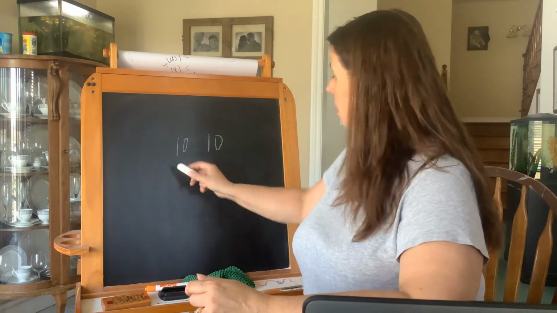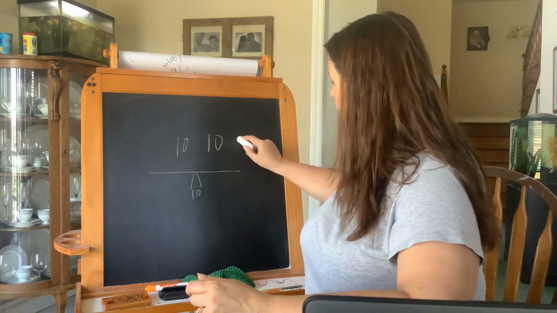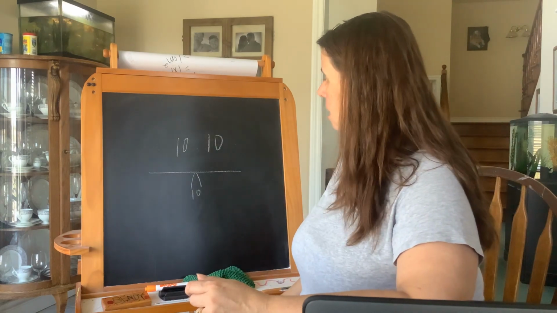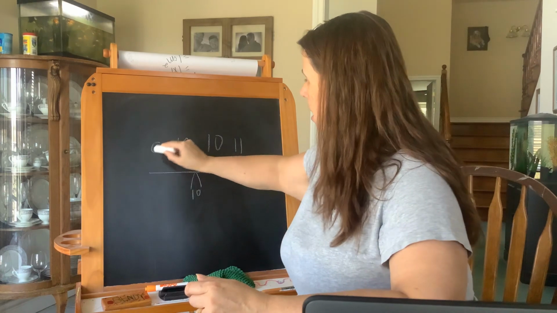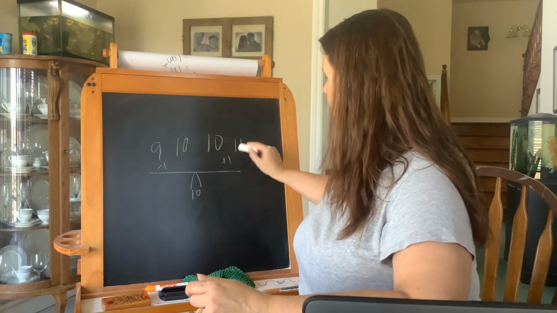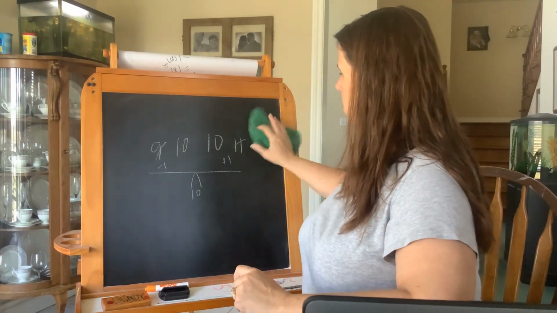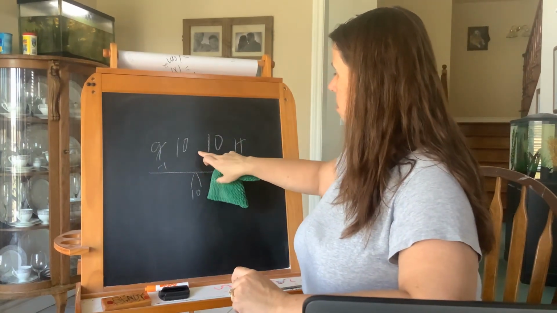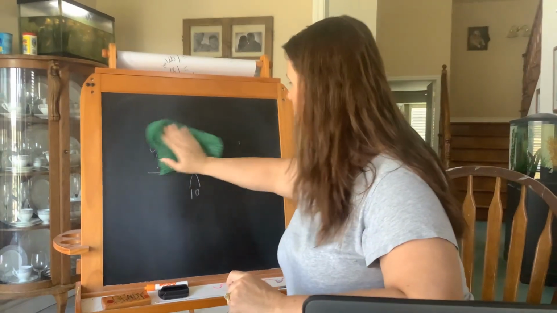And if we're thinking about the scale, where 10 is here, this number and this number have to cancel each other out so that it stays the same. So we could make this 11 and this 9, +1, -1. Cancel each other out and I'm still left with 10. Okay? So mode was 10, median was 10, and mean is 10.